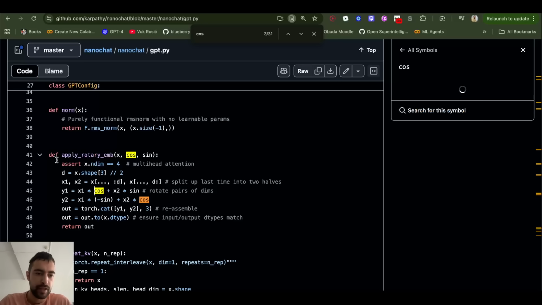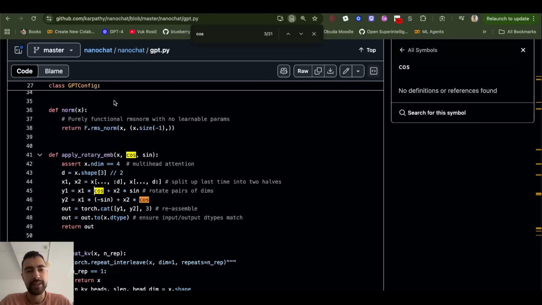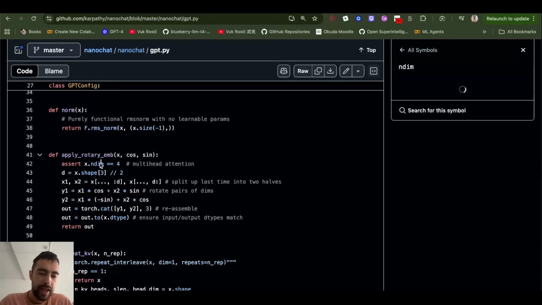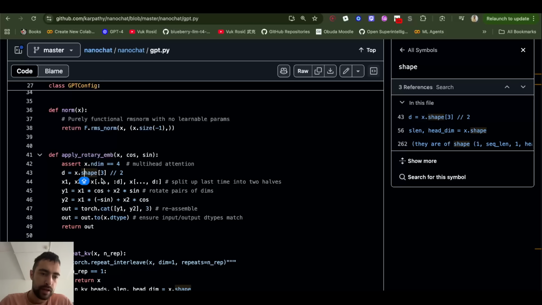So this is in Andrej Karpathy's NanoChat, apply rotary embeddings. We just get the x, our token embedding, cosine and sine, and we will split all of the x's into x1 and x2. So x is not just one vector in this case, it's all of the vectors.